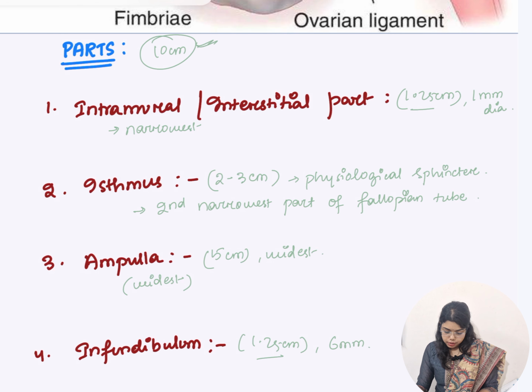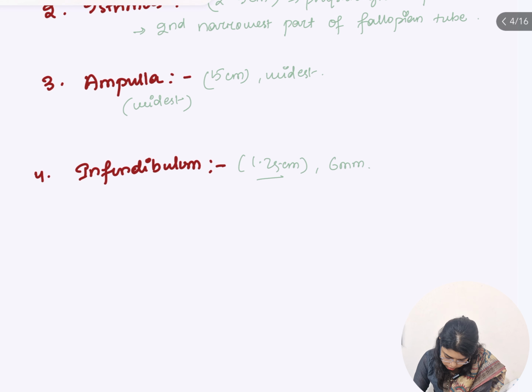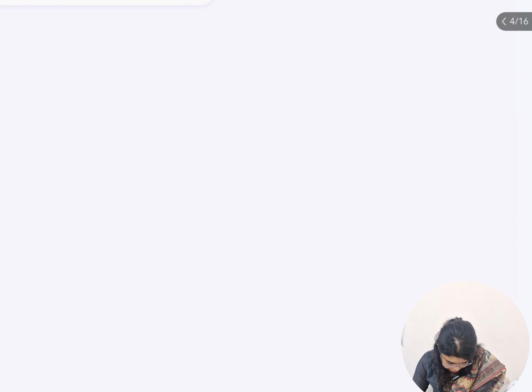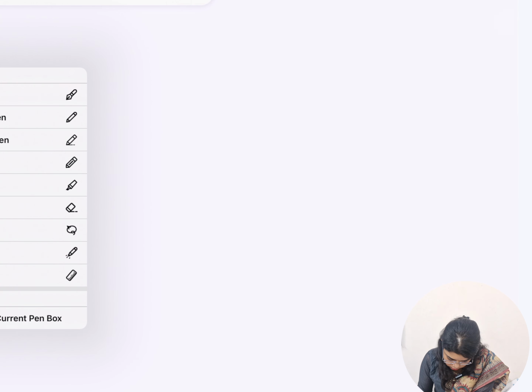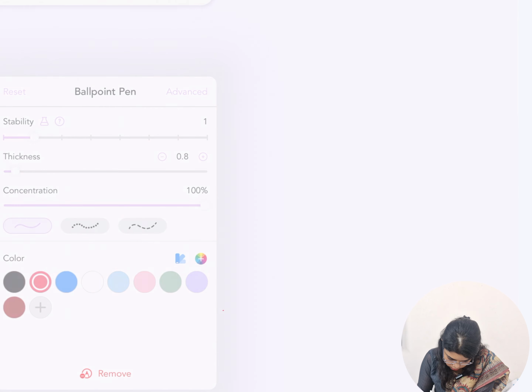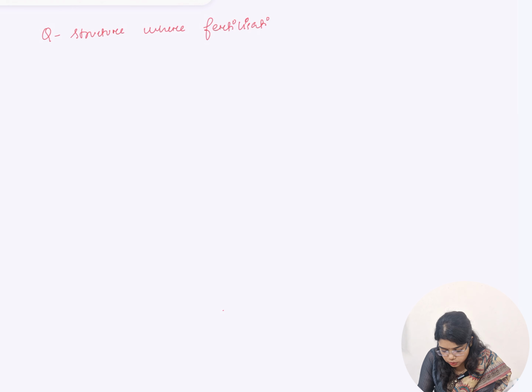Okay, and let's see that again. Let's answer a question. See, the structure where fertilization occurs. What will you write?